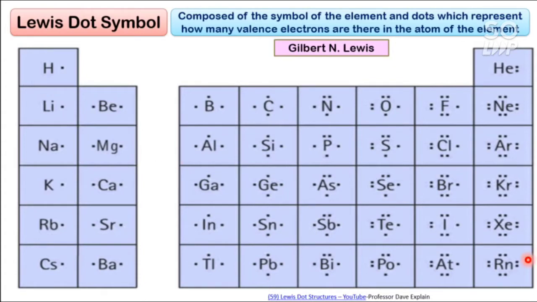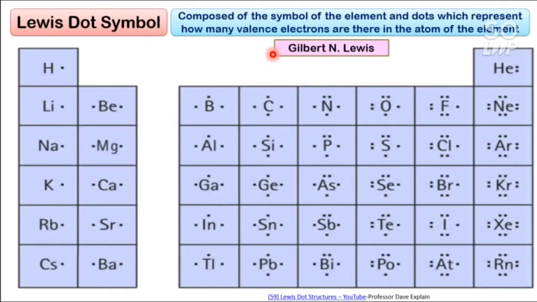Okay? So this diagram will help you to know how many dots are there in the given element. If you can remember in our previous discussion, the group number of the element is also the one that will determine how many valence electrons are present in a particular element.